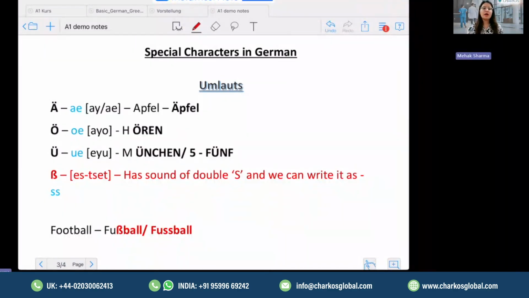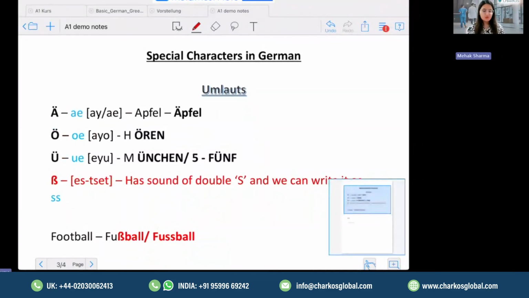So, if you combine the sounds of the letters which we have just learned, you will pronounce it as umlauts. Okay? Perfect. I'm so proud of you. You are doing wonderful.